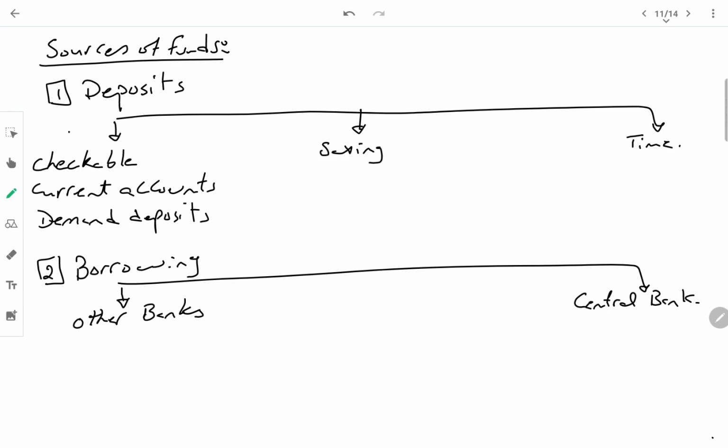If they borrow from other banks, the loan is known as an interbank loan, and the interest rate paid for this loan is known as the interbank rate. While in the case of borrowing from the central bank, the loan is known as a discount loan, and the interest rate is the discount rate.